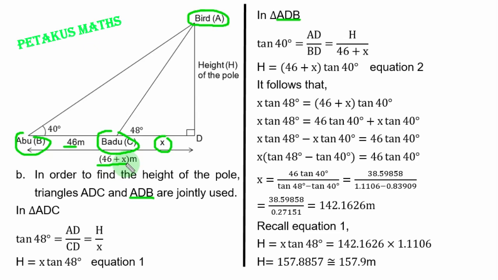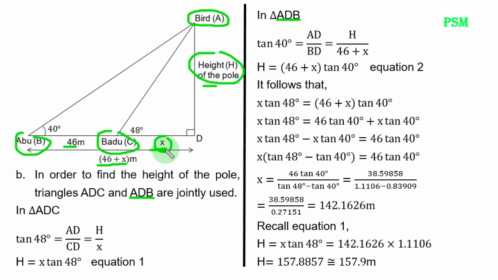B part of the question, we are to find the height of the pole. If CD is known, triangle ABC will help us to find the height, but s is unknown.